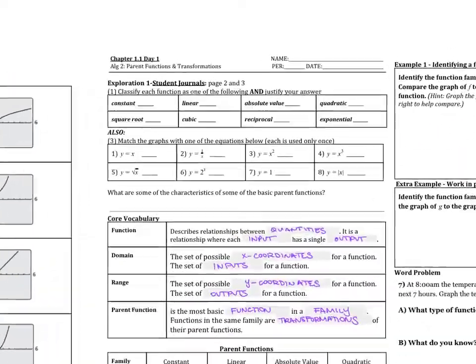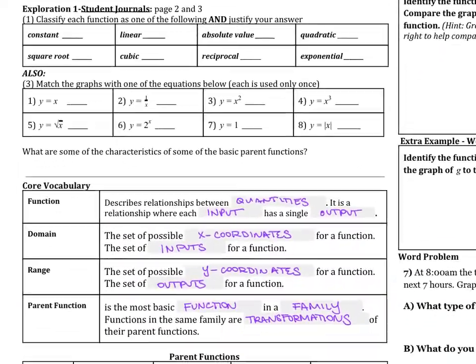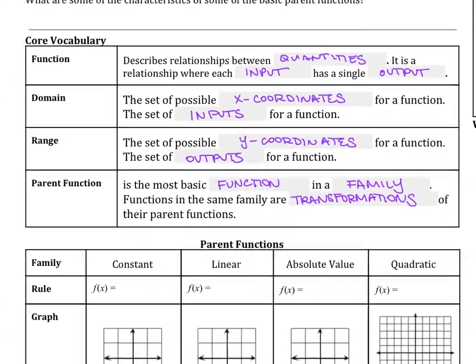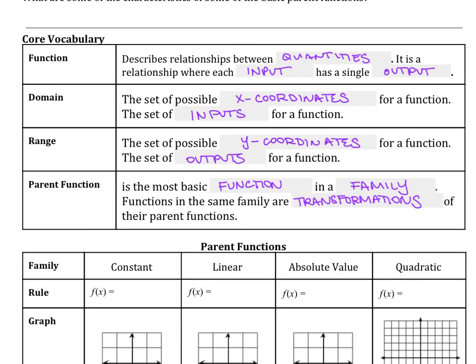So now that we've done the first part on the top part, let's take a look at some core vocabulary. A function describes relationships between quantities. It is a relationship where each input has exactly one single output. A domain, if you remember, has to do with our x values. So domain is a set of possible x coordinates for a function.